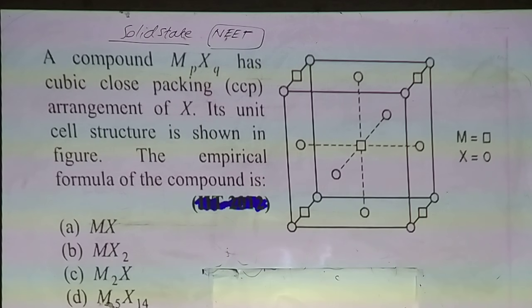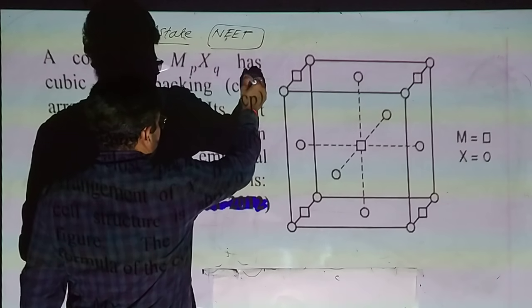listen. A compound MPXQ has cubic close packing. CCP means FCC. Now, we know CCP means FCC. The arrangement of X: element X is arranged in FCC structure.